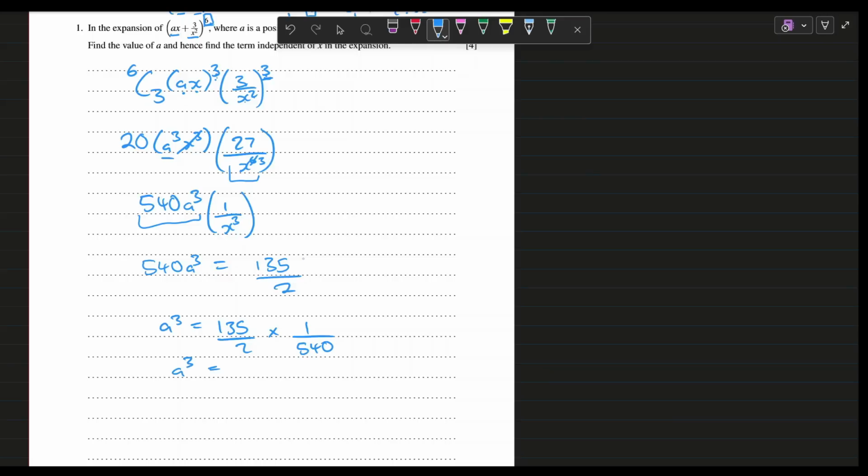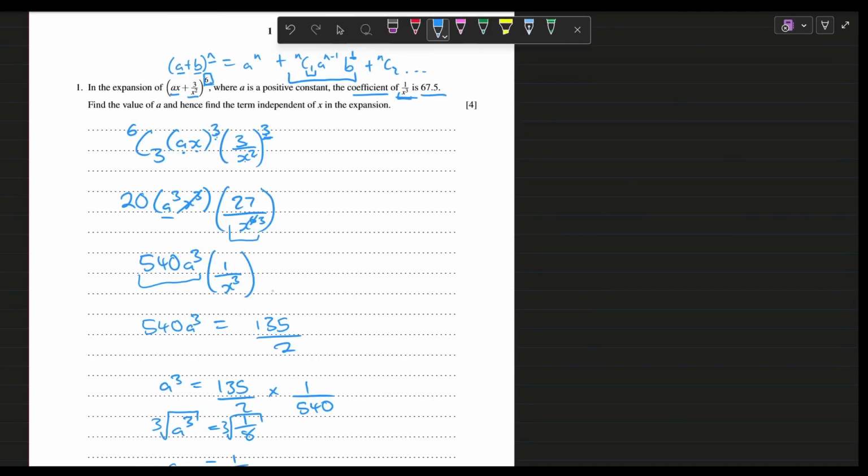Let's punch this into the calculator: 135/2 times 1/540 gives us 1/8. If we take the third root on both sides, we get that a is equal to 1/2. Alright, so we found the value of a.